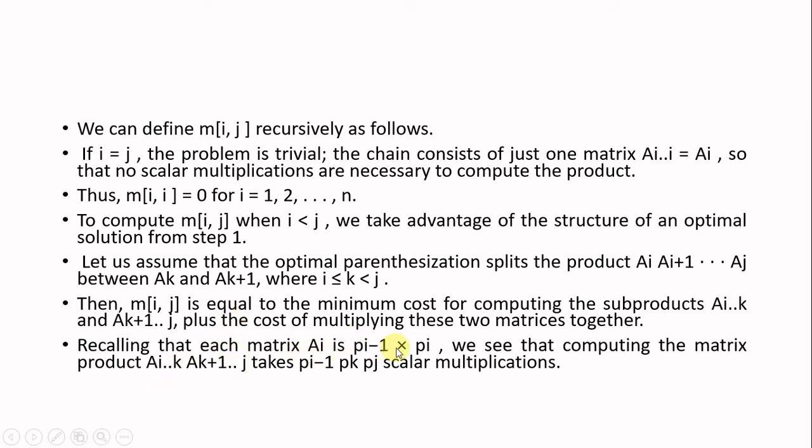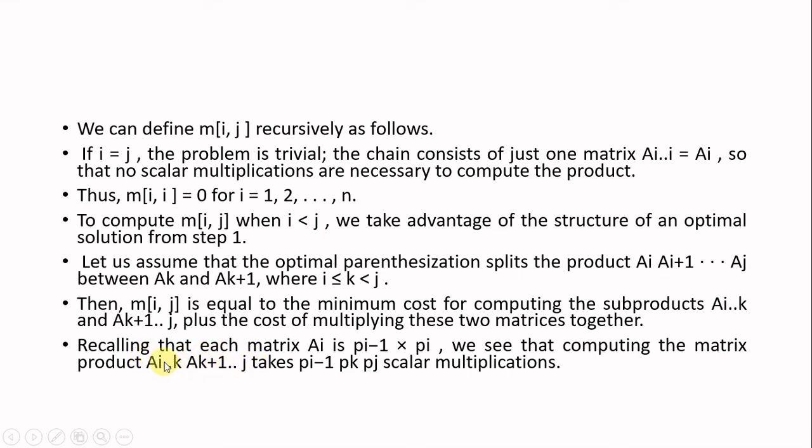We see that computing the matrix product Ai to k times Ak plus 1 to j takes pi minus 1 times pk times pj scalar multiplications. How is that? Here Ai to k is the product of Ai to Ak, and the second one, Ak plus 1 to j, is the product of Ak plus 1, Ak plus 2 up to Aj. We get this product and we have that product, and we are multiplying these two products.